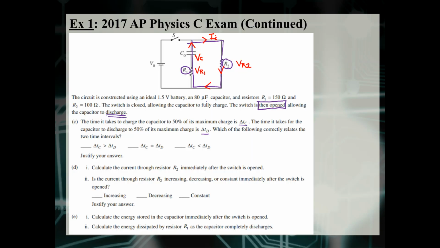Okay, so then we can just turn this equation into UC equal to 1/2, again, they are using C naught to represent the capacitance, times V naught squared. So this would be 1/2. The capacitance value they give you is, I think, what we got here, 80 microfarads. So that'd be 80 times 10 to the negative 6 farads, multiplied by the battery voltage, which is 1.5 volts, and we're going to square that.